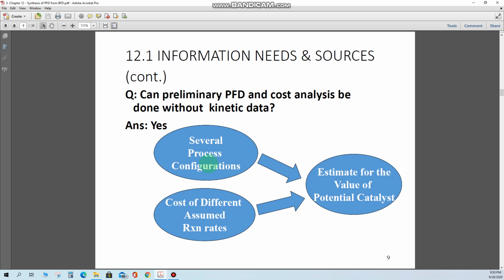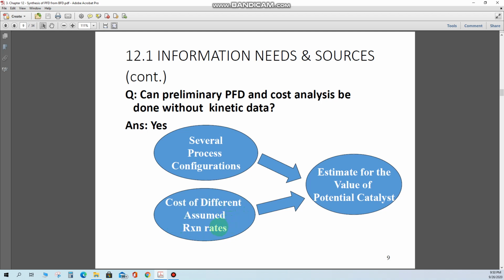Depending on all of these factors, the process configuration could change, and the recycle structure and the purification or separation section would slightly change. So you should have information on parameters like temperature, pressure, flow rate, and compositions. Then the cost of different assumed reaction rates.